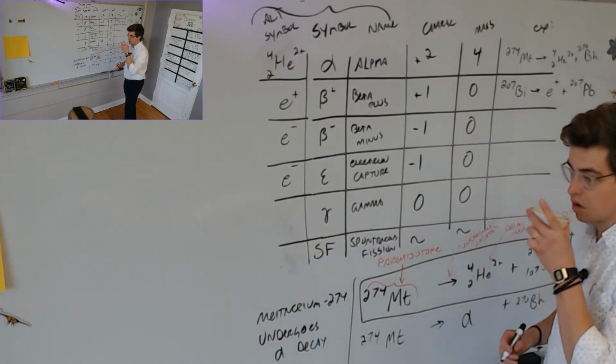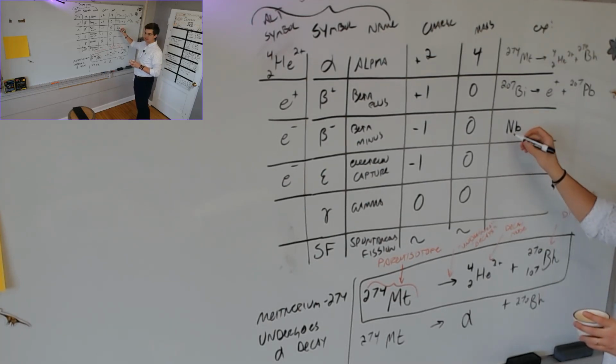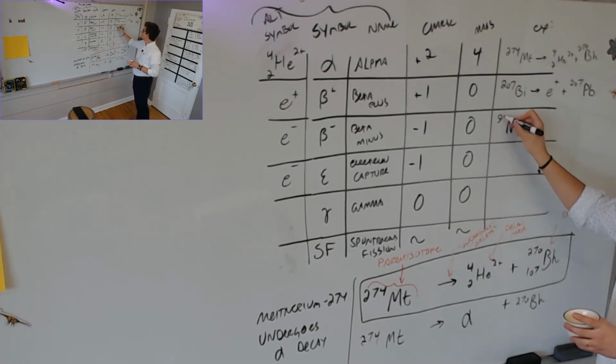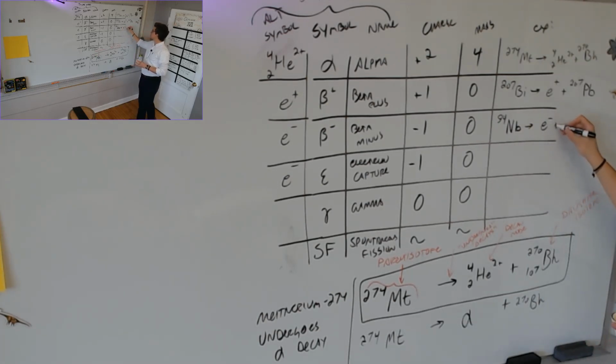What's my example for beta minus? Oh, okay. It's niobium 94. Niobium 94 undergoes, I assume, beta minus, and also gamma. Okay. Wasn't there gamma decay too? Give me a second. We'll get there in a second. Now, an electron is leaving the nucleus.